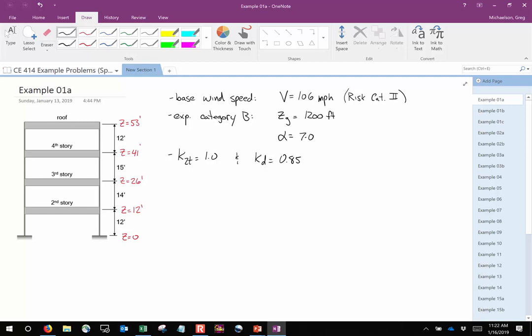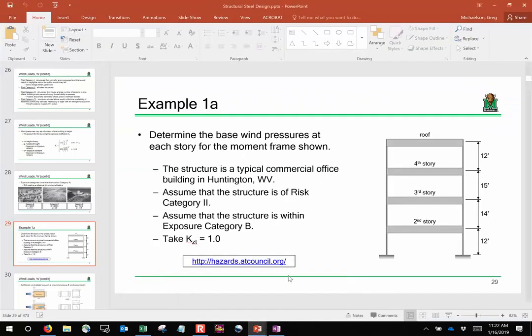So for the sake of discussion, let's consider the fourth story. We have a Z value of 41 feet. If we have a Z value of 41 feet, let's go back to this.